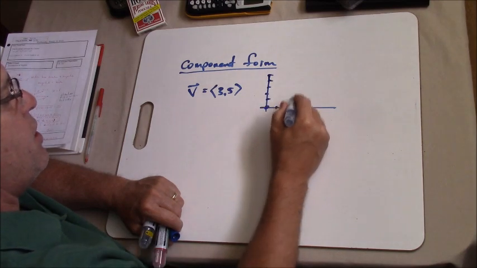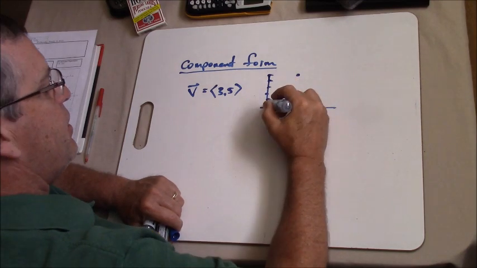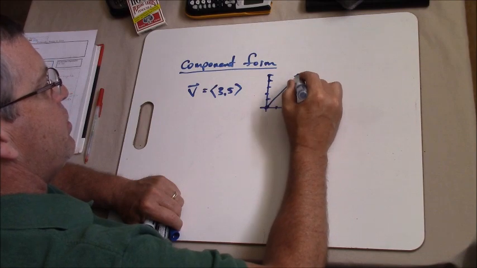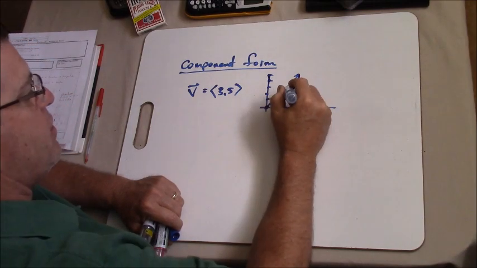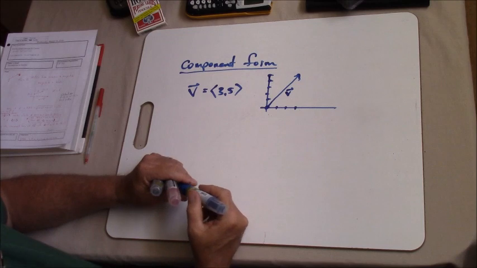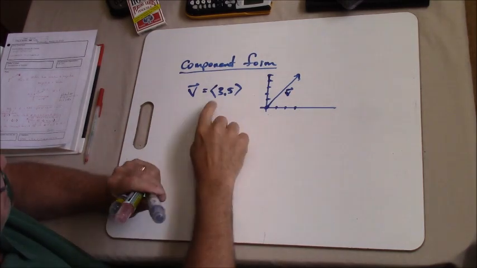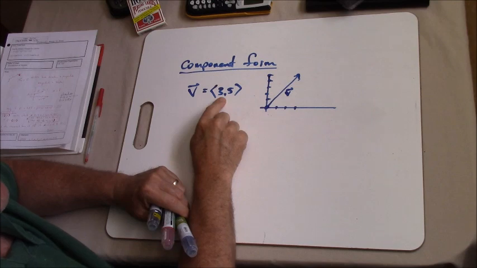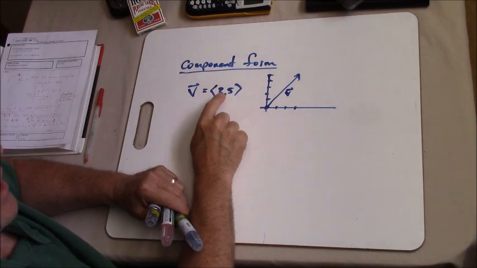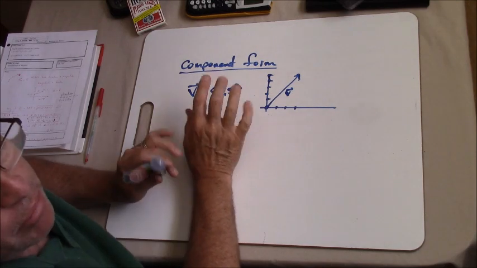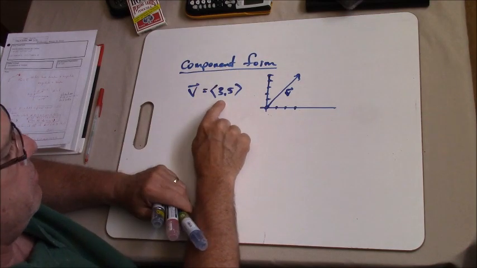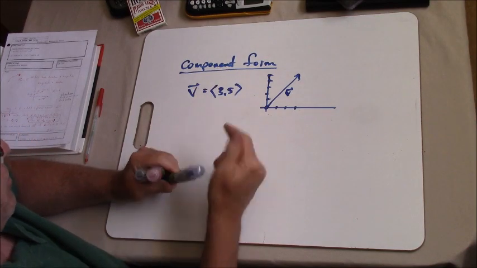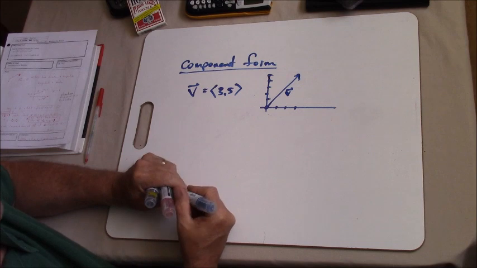It goes to 3 comma 5, and there's what that vector looks like. This is vector v. This is an important idea to us. We want to make sure we understand this, and it's going to help us solve that airplane and ship out at sea problem. Okay?